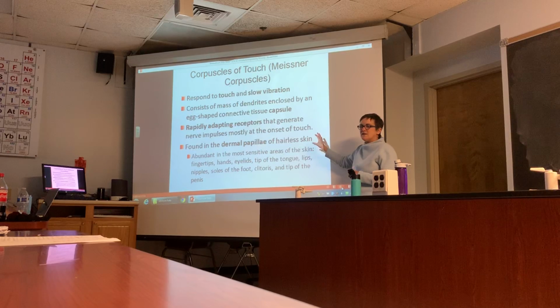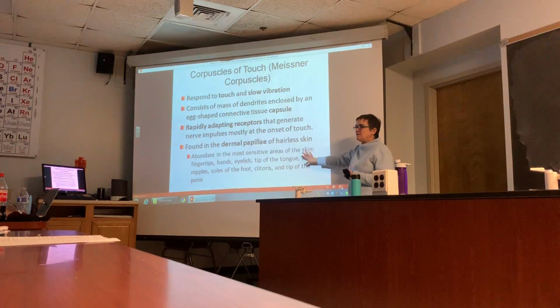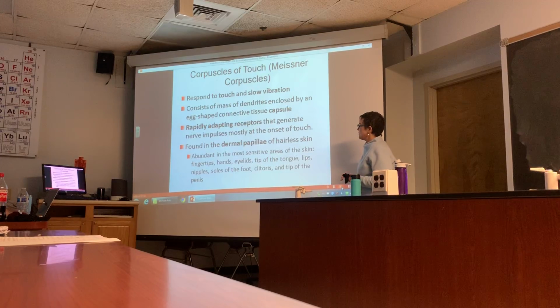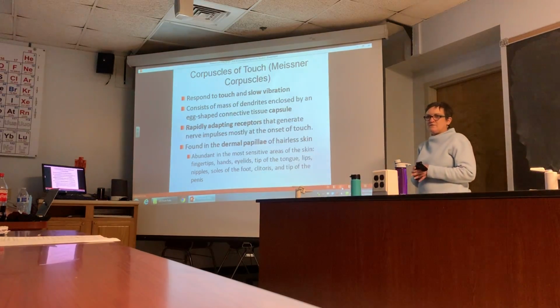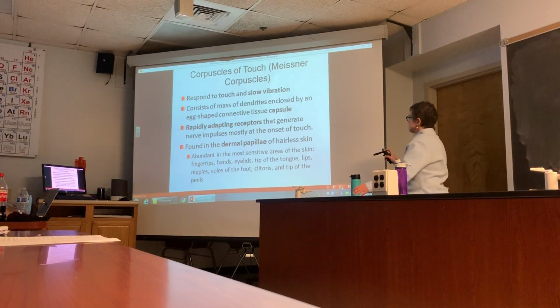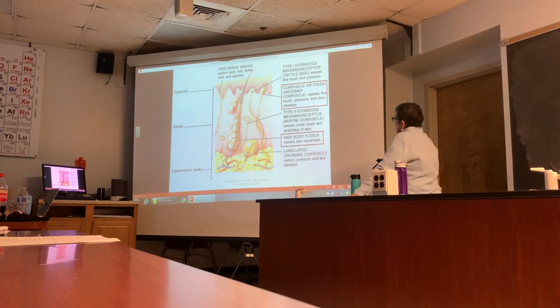Those places are very sensitive, don't have any hair, and have Meissner's corpuscles. And since it's way up close to the epidermis, it's going to respond to very light touch.